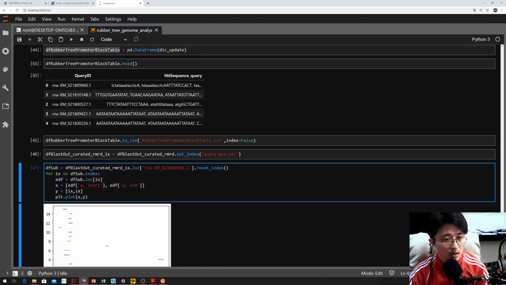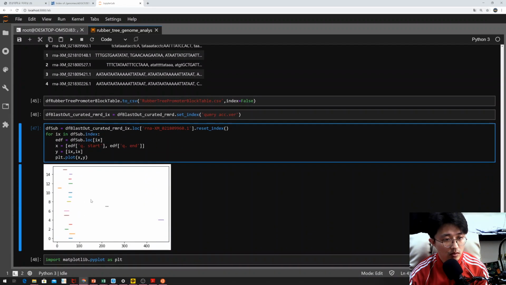And last week, we tried to visualize the upstream sequence of the promoter in this way. So we plot the promoter positions in this plot.